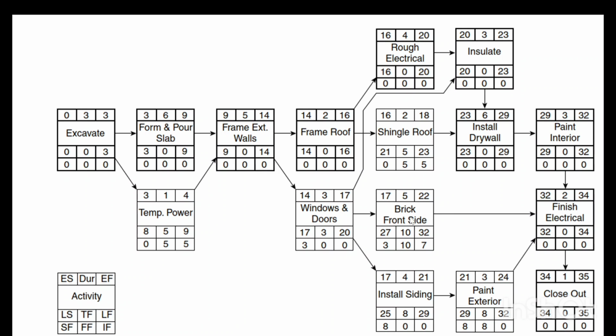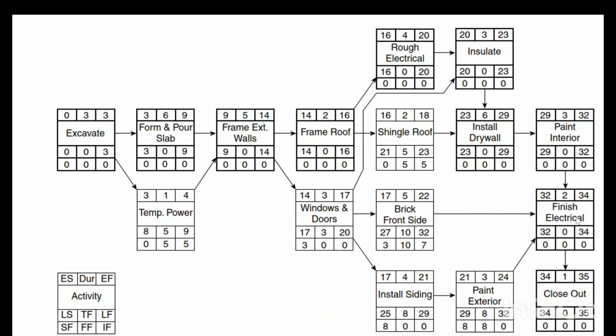We can see here this activity is supposed to have an early finish on the 22nd and a late finish on 32, and the activity right after it, the finish electrical, is already a critical activity, having the same early start and late start.